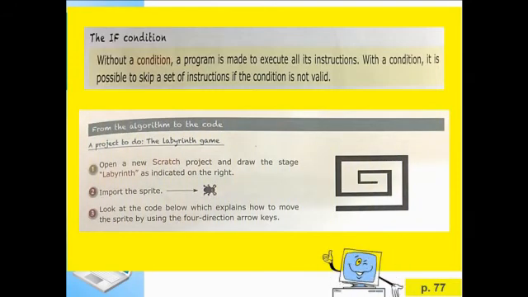So here from the algorithm to the code, we have a project to make. So here are the steps. First, open a new Scratch project using your Scratch application, and then draw the stage labyrinth as indicated on the right.